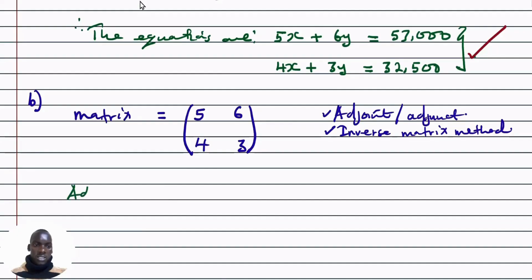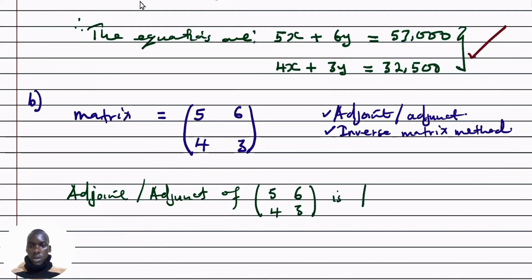So the adjoint or adjunct of the matrix we have formed, which is 5, 6, 4, 3, is found as follows. We change the positions of the entries in the major diagonal, meaning that we have the 3 coming to where there is 5, then the 5 going where the 3 has been.